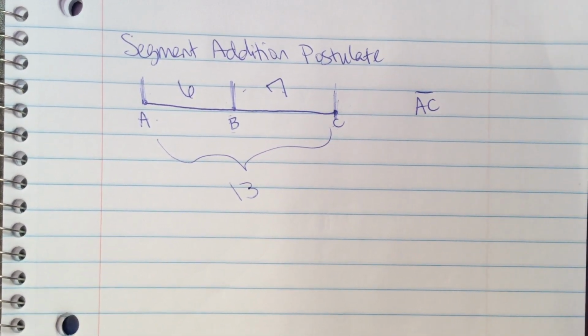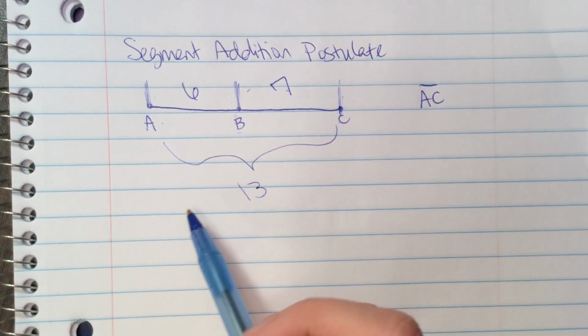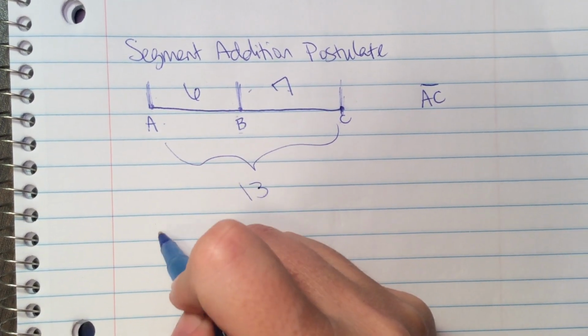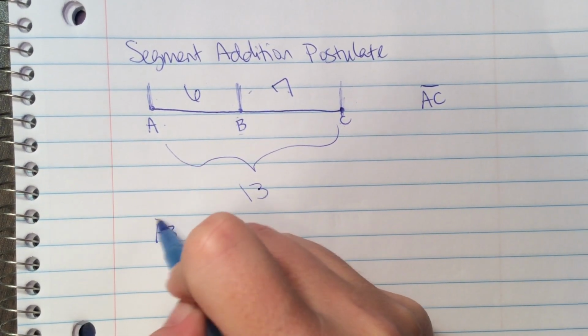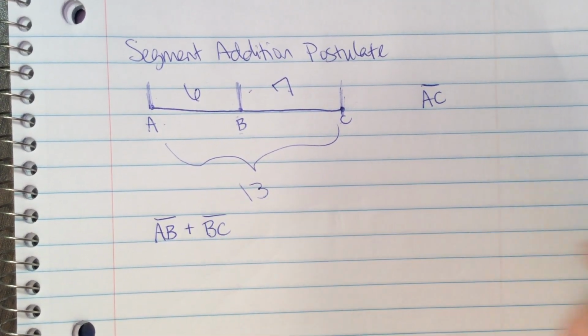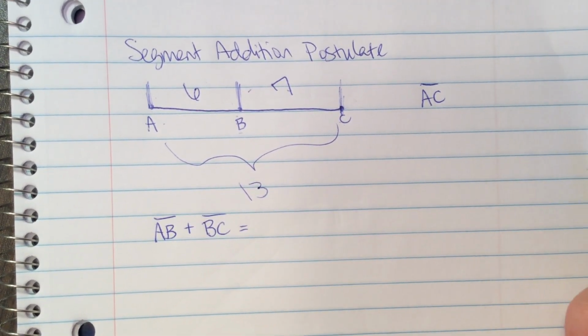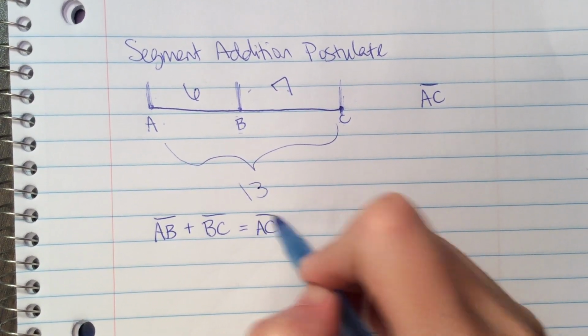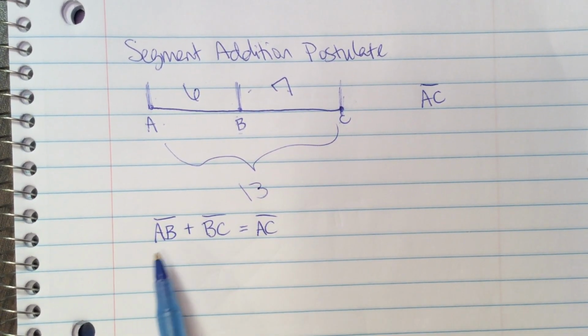So if we write it geometrically, this is what it says. Segment AB plus segment BC equals the whole thing, which is segment AC.